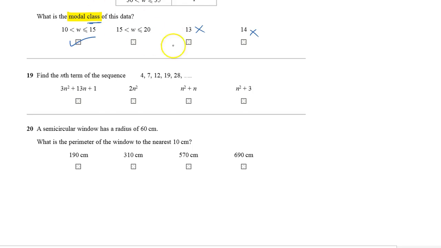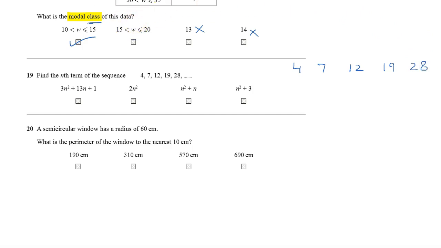Question number 19 is find the nth term. The terms are 4, 7, 12, 19 and 28.